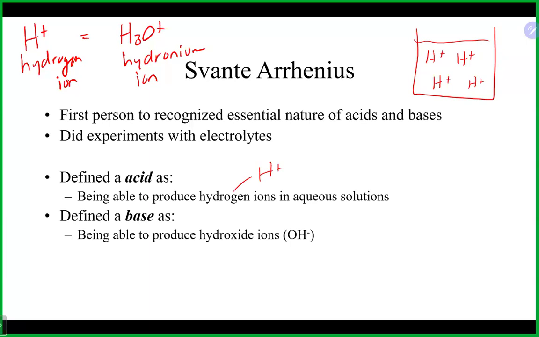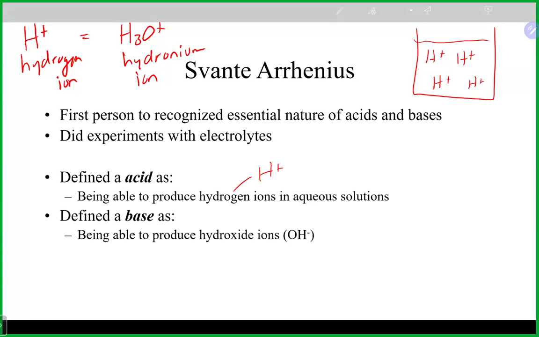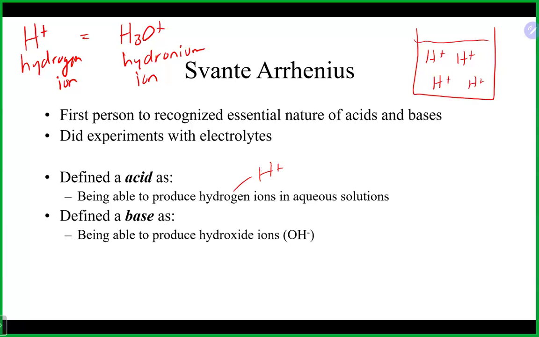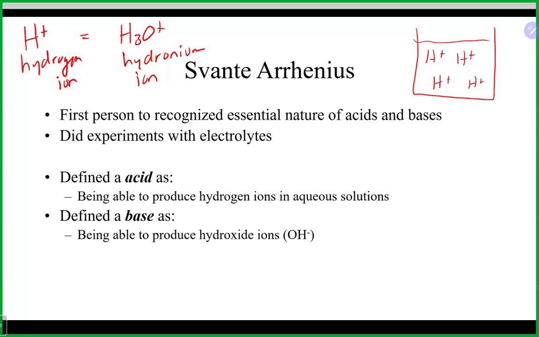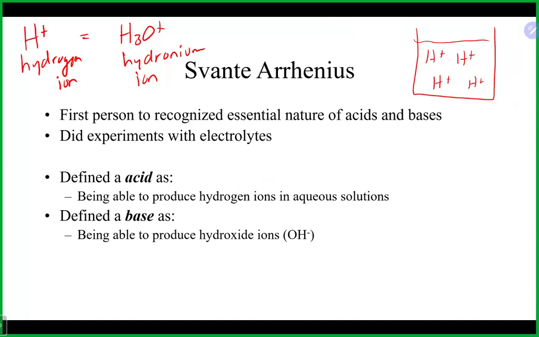If we had an acid like hydrochloric acid, which is a strong acid and also a strong electrolyte, that means when hydrochloric acid is in water, it is going to completely break apart. You could show the dissociation of hydrochloric acid in an equation where we just write hydrochloric acid breaks apart into H plus and Cl minus.